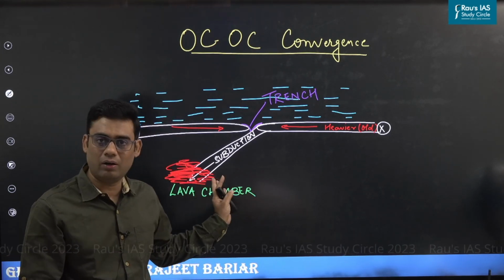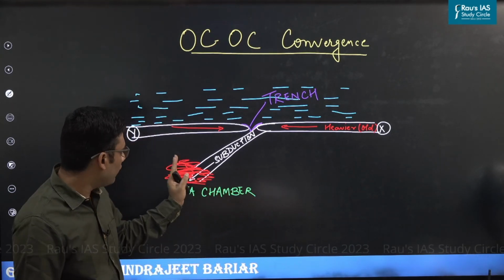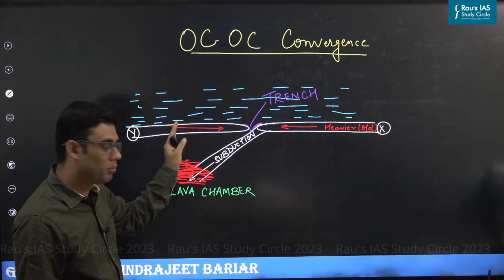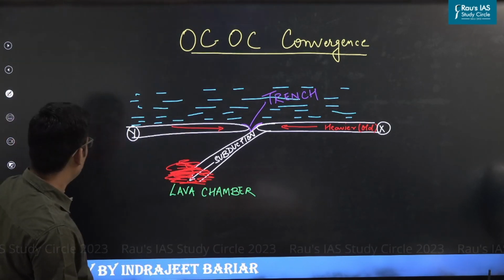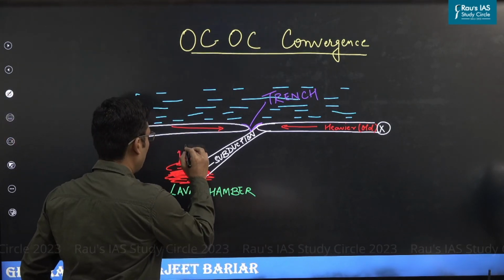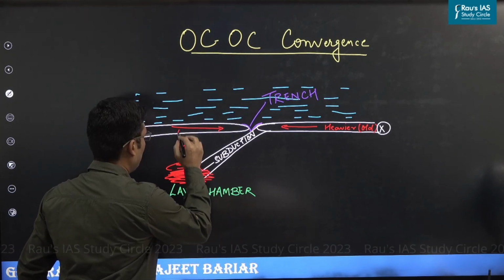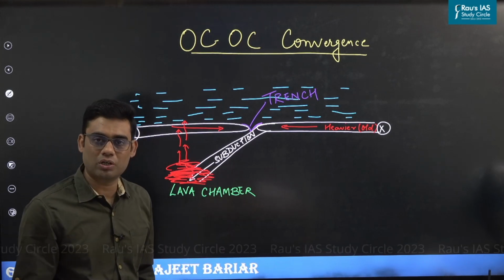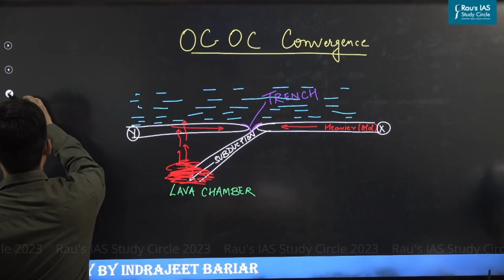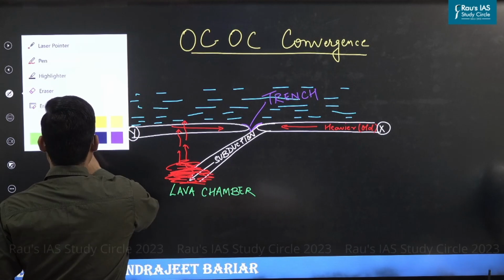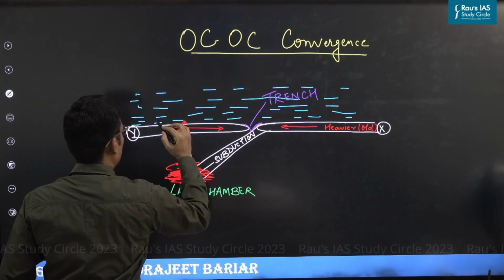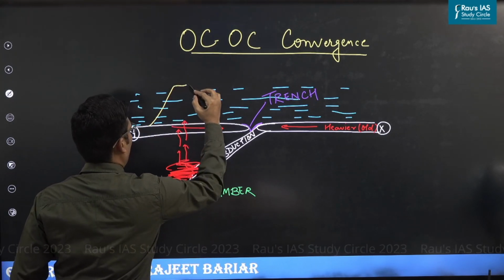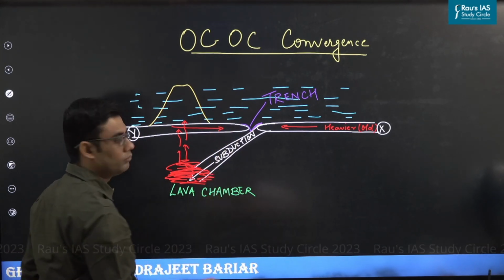Now this lava, when formed over here, if it finds some weak spot above it, then this lava rises up, comes out over here in the form of volcanic eruption, and so forms over here what can be seen as a volcanic mountain.